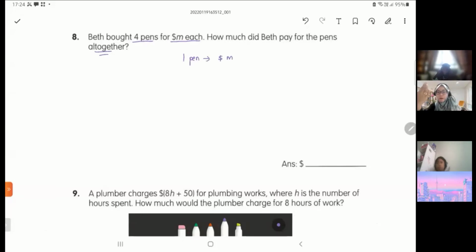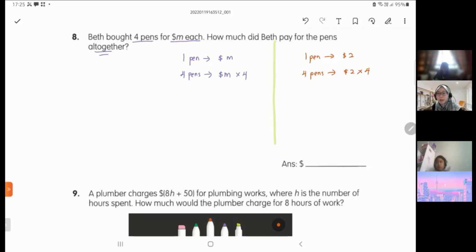No, I bought 4 pens. Okay, so 4 pens is actually $M times 4. Or let me just give you an example. Or if I have 1 pen that costs $2, if I have 4 pens, isn't it $2 times 4? Same, right? That's what I'm trying to say.